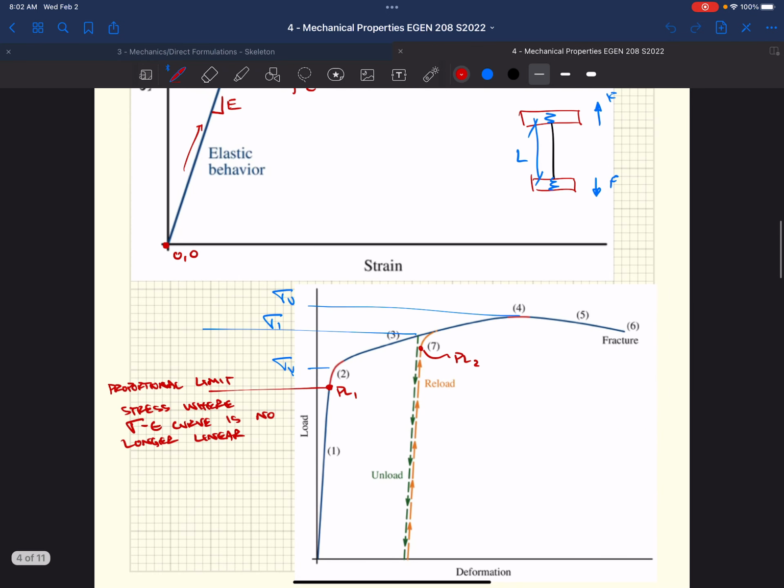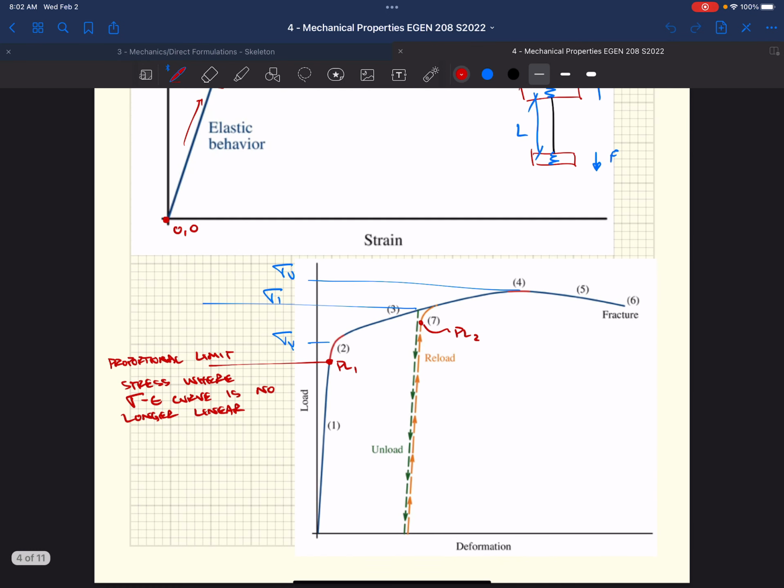So we talked for a second about if we load up to a given point and then unload. This idea is that we're changing the material properties of the material that we are testing. In the real world, if you took a material past yield and then unloaded it, we're changing the material properties.